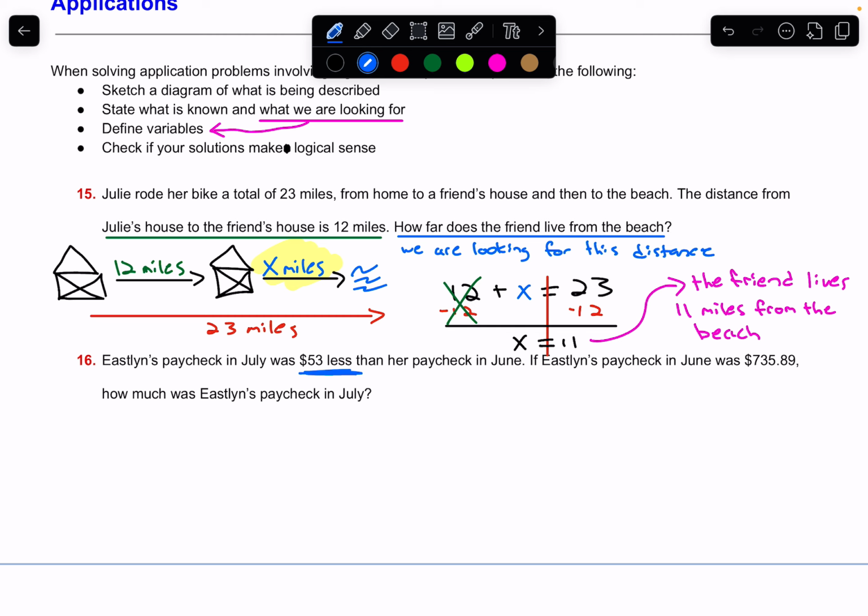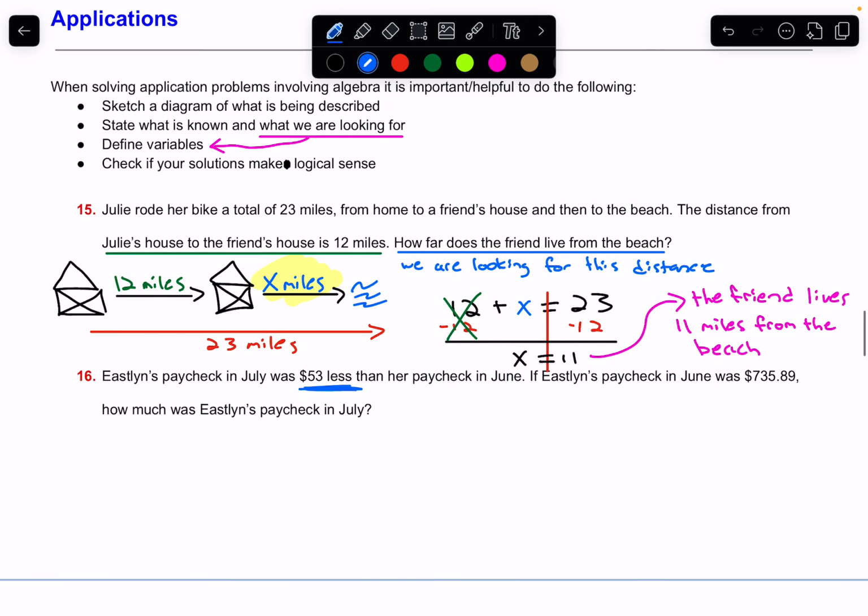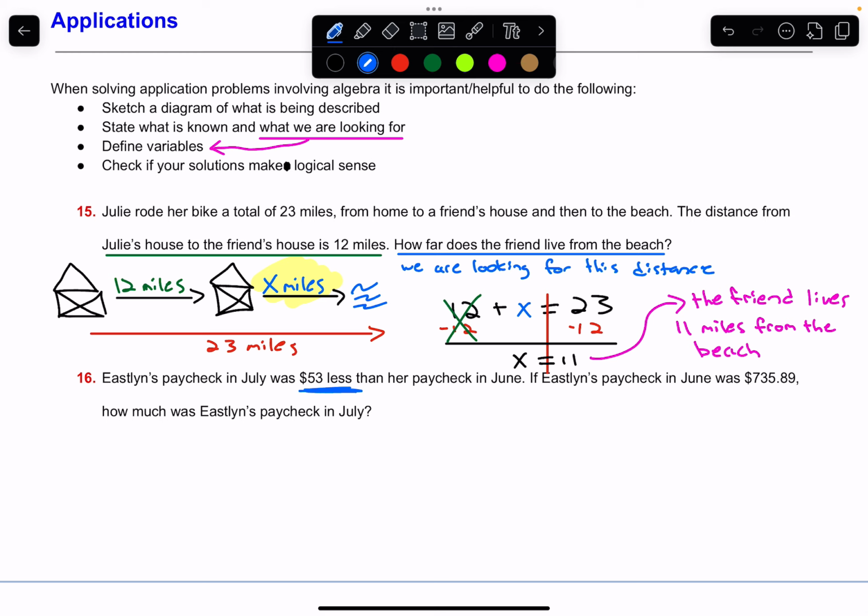So what we're going to be doing is subtracting. Now notice I said it's often helpful to be able to sketch a diagram, but when we're talking about losing money, the diagram you would draw is you would draw out all the money and then scribble some of it out, right? That's not necessarily convenient when it's $735.89. You're not going to draw out 735 bills and 89 pennies.